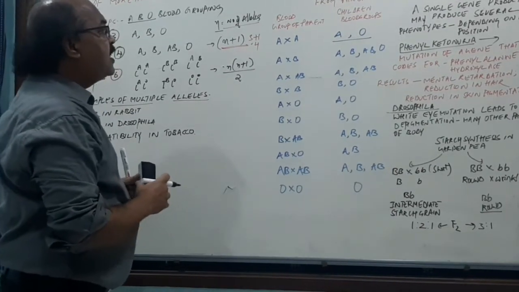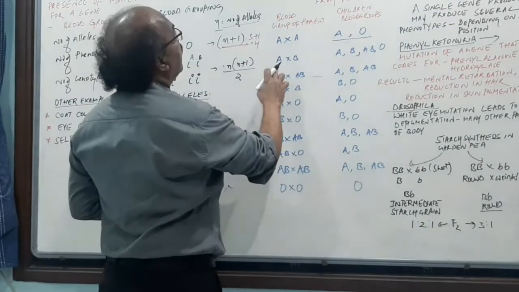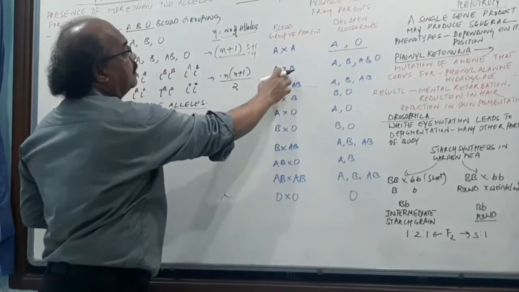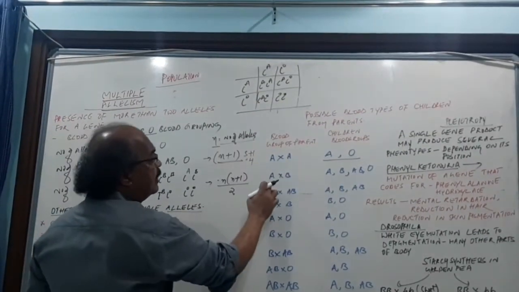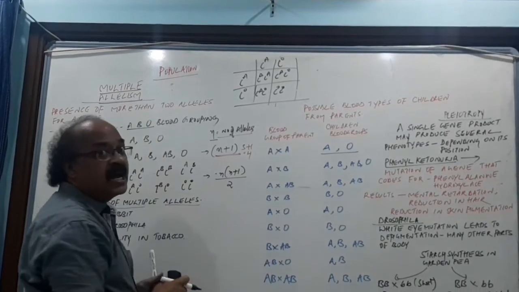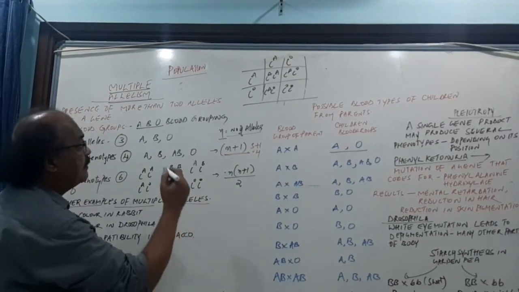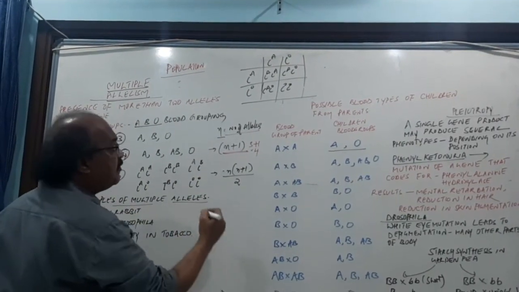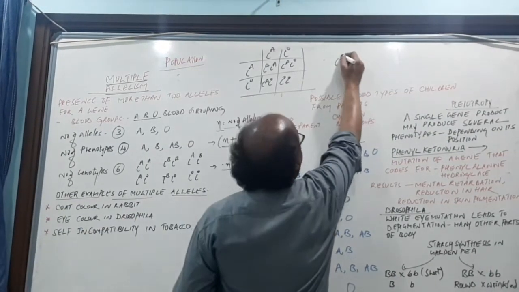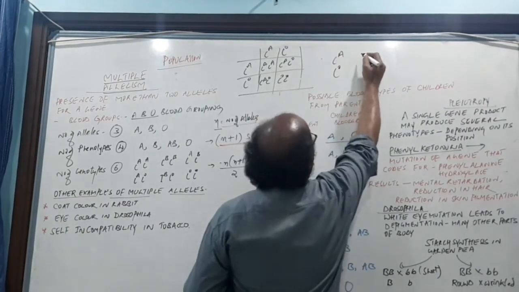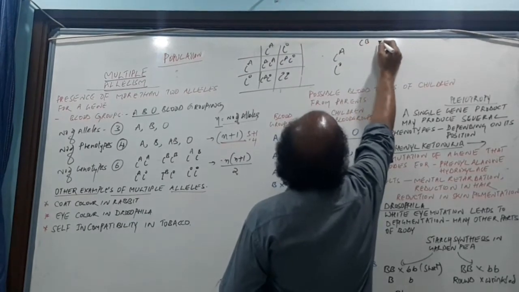I need one more thing. If the blood groups are A and B, IO, other parent IO.